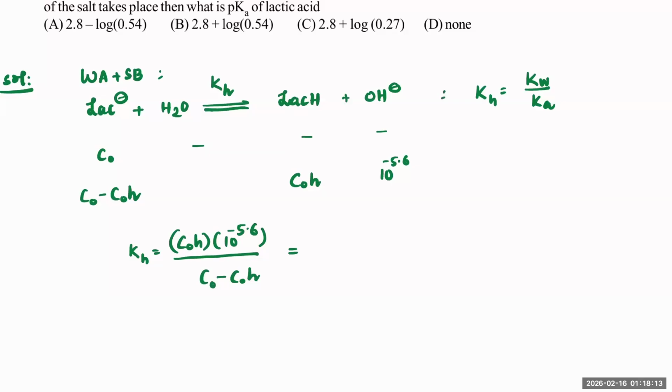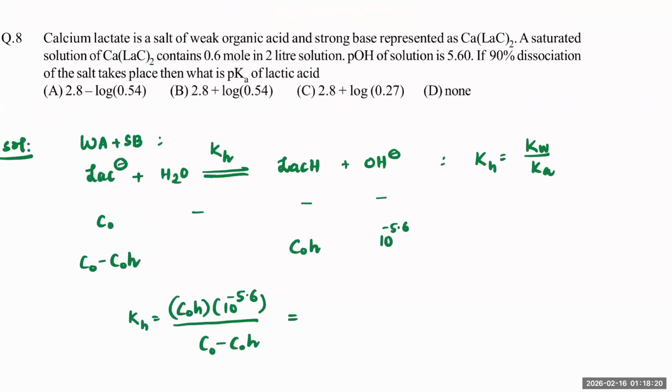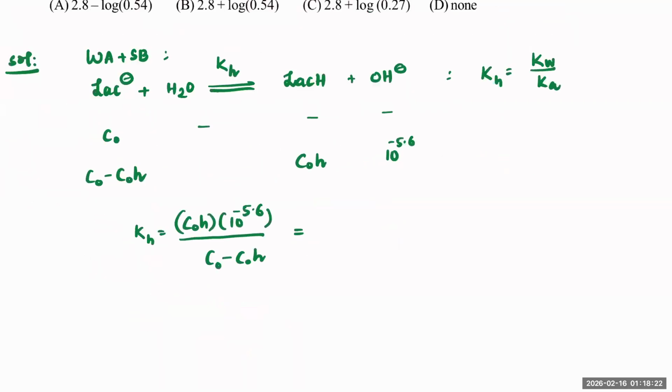This much you should know; you don't have to go through the derivation. If C naught is the initial concentration, C naught will get cancelled here anyway, so you'll have h into 10 raised to power of minus 5.6 divided by 1 minus h.